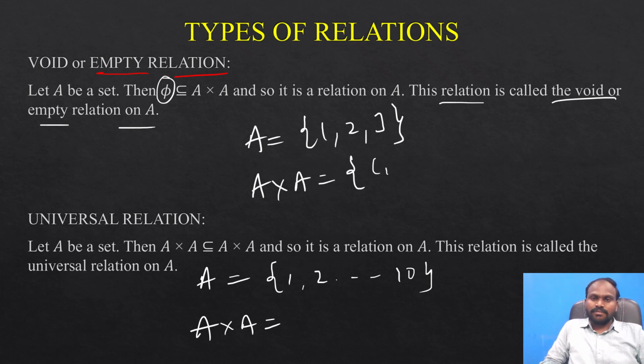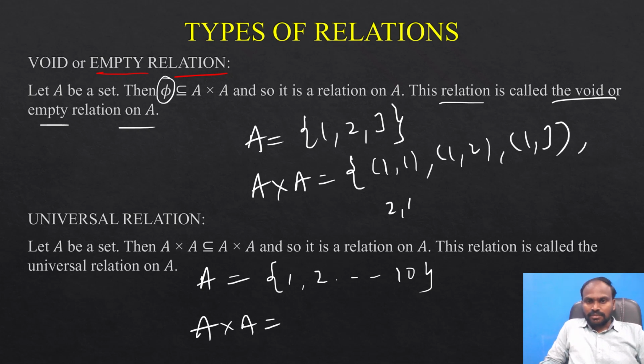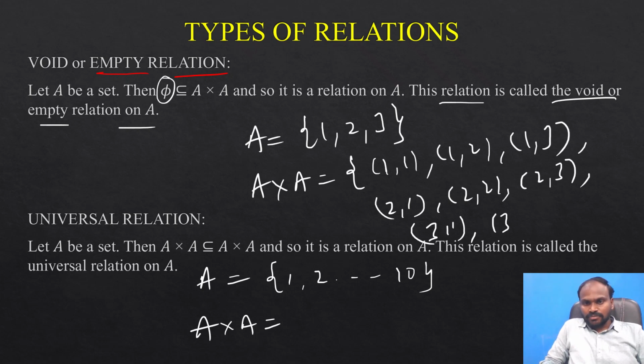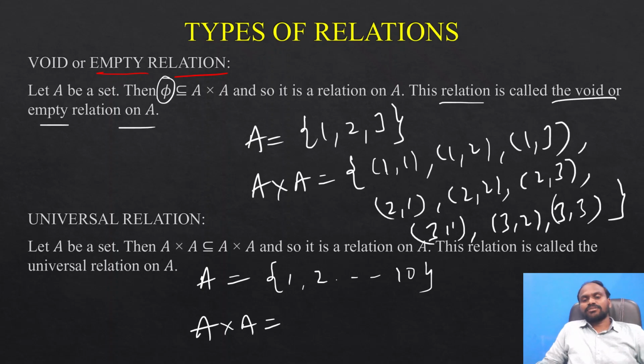So (1, 1), (1, 2), (1, 3). Next (2, 1), (2, 2), and (2, 3). Next we'll get (3, 1), (3, 2), and (3, 3). So all these are elements of A cross A. Now this is always a relation, right? So that relation is called a universal relation, because this is the final thing.